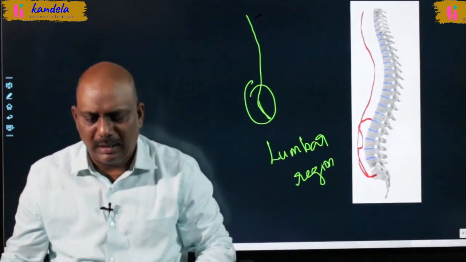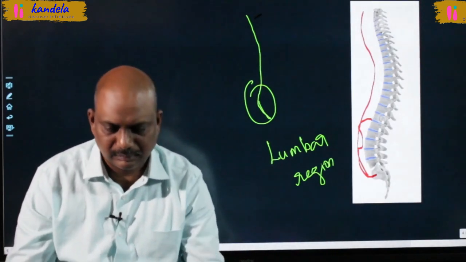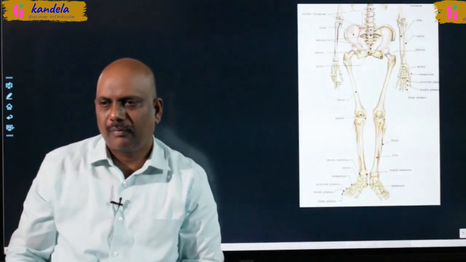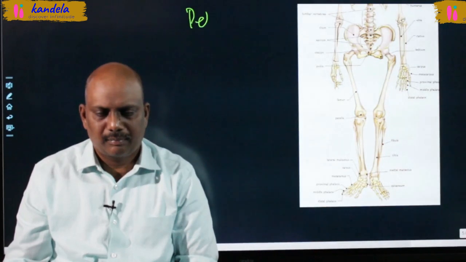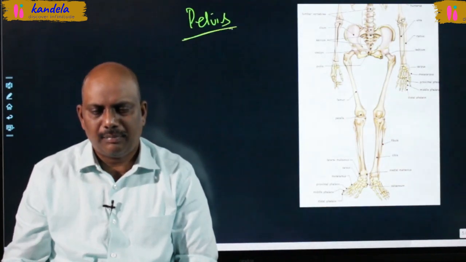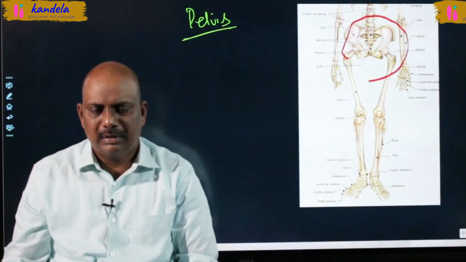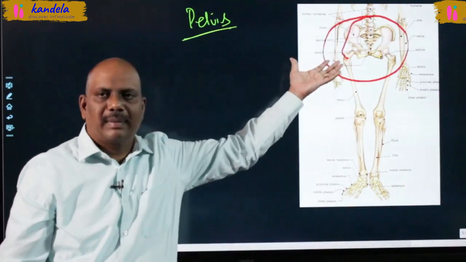Next is the pelvis. This particular region is the pelvic girdle, made of a number of bones.